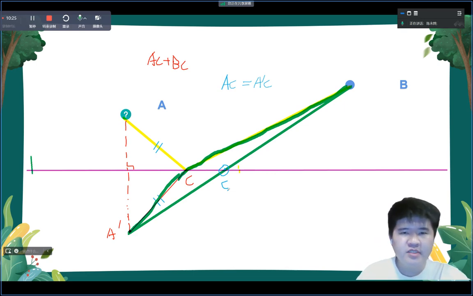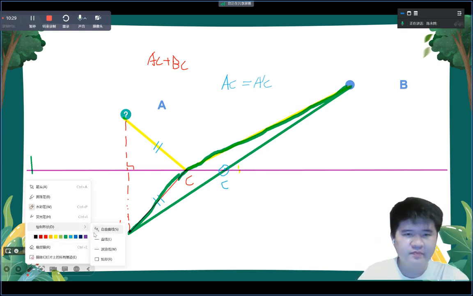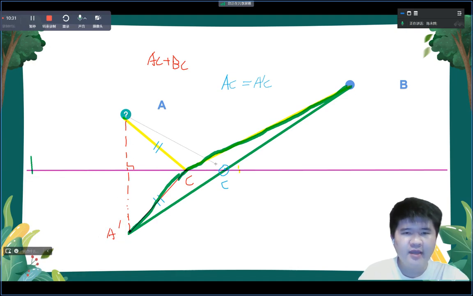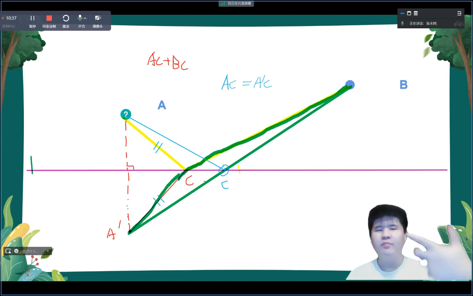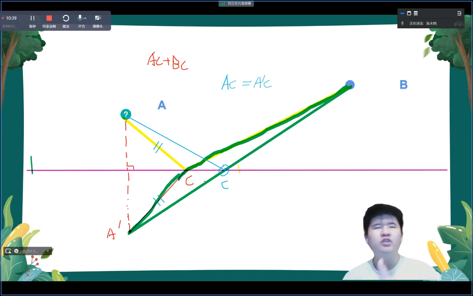If this is point C here, and we connect A and C, AC equals A prime C, and A prime C plus CB is the shortest at this moment. So we find AC plus BC will be the shortest one.